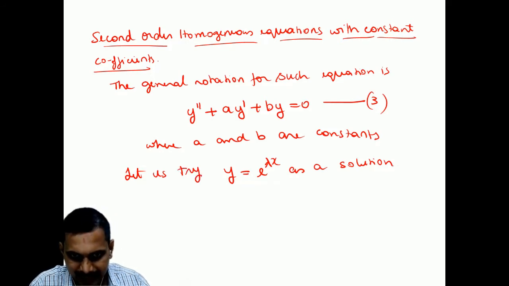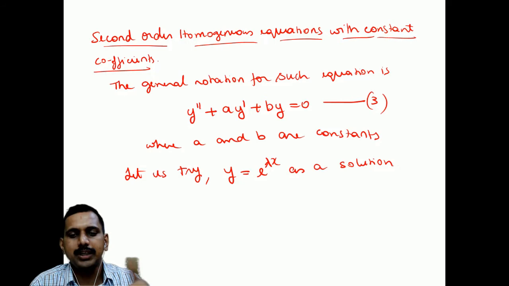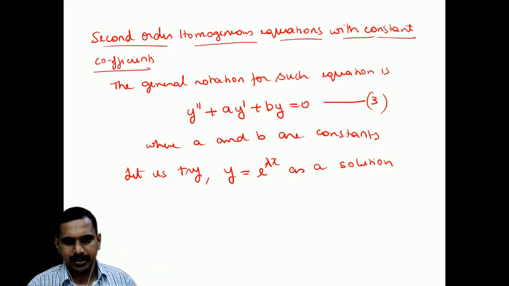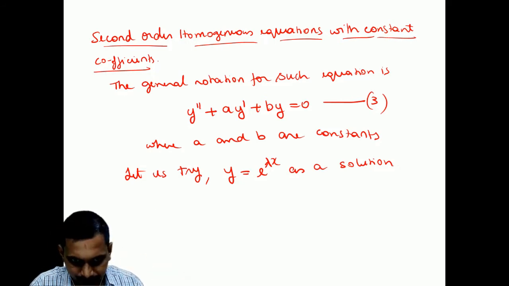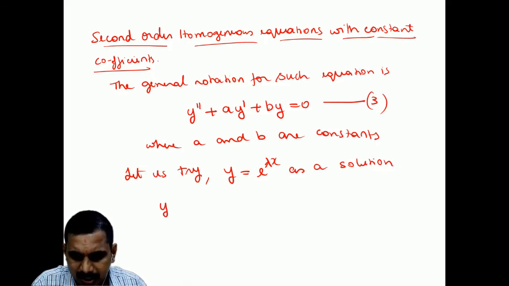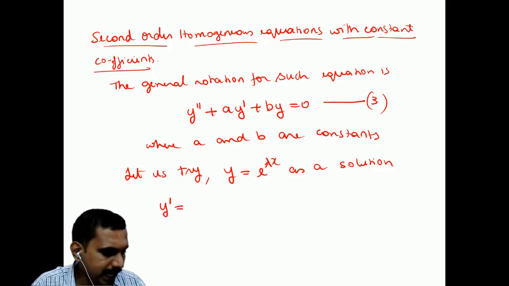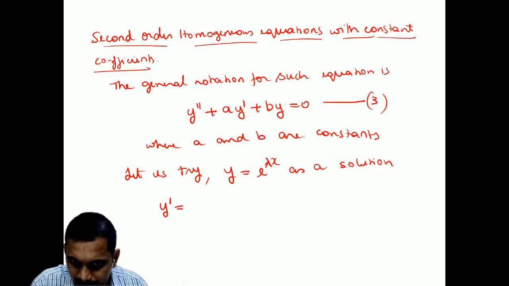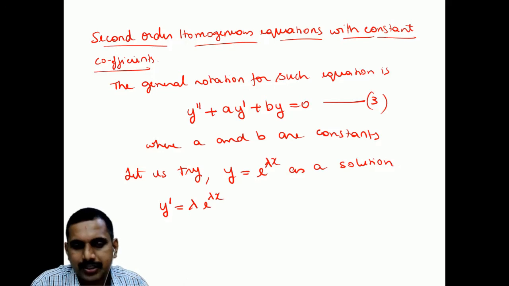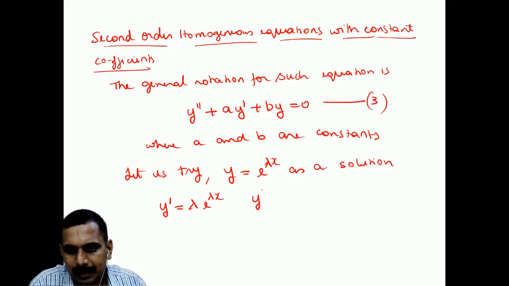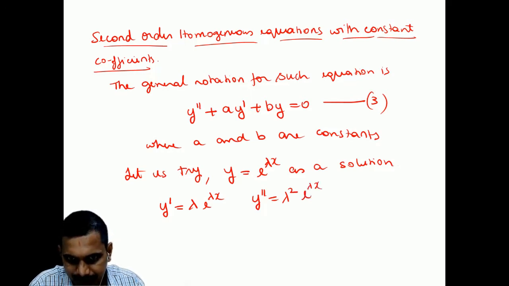Very important, let us try y is equal to e power lambda x as a solution. So if y is equal to e power lambda x, then what is y dash? Y dash would be equal to lambda into e power lambda x, correct? What is y double dash? Y double dash is equal to lambda square into e power lambda x, correct?